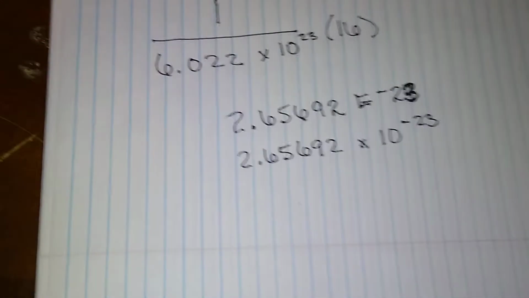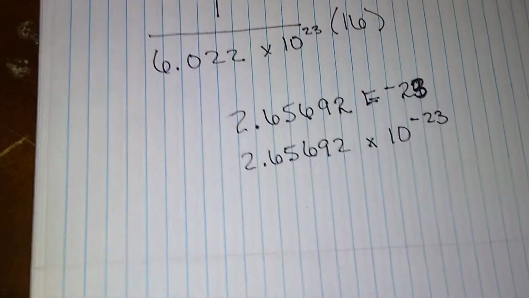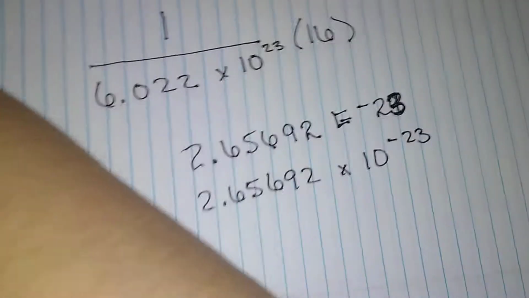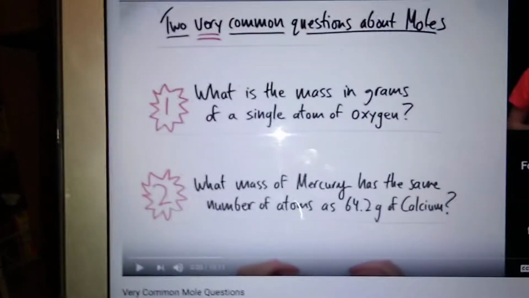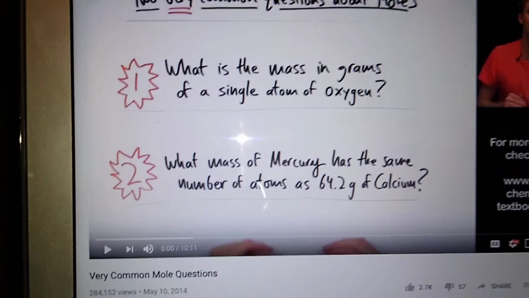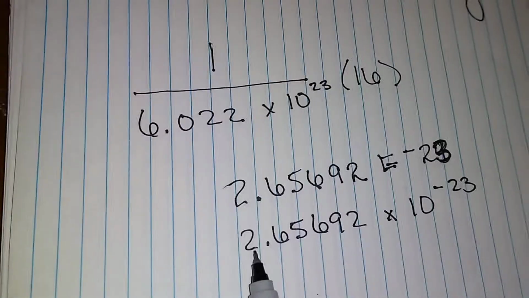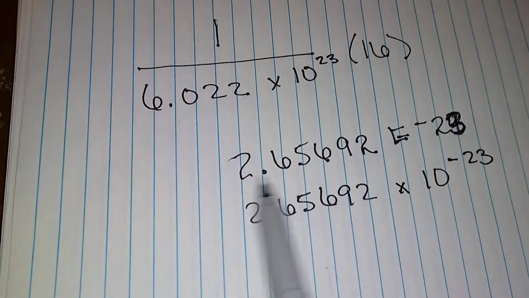But, of course, we have to look at sig figs. He gave us a single atom, so he gave us 1 sig fig. So we would round that to 1 sig fig.